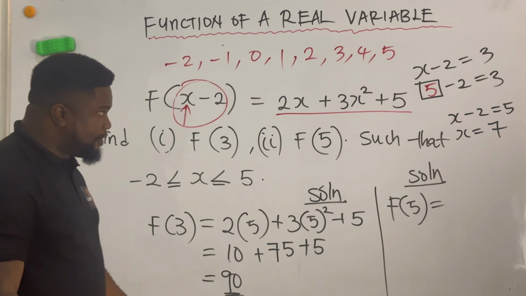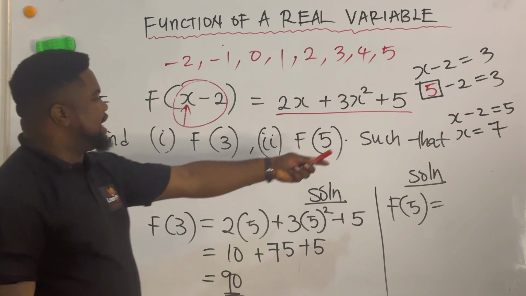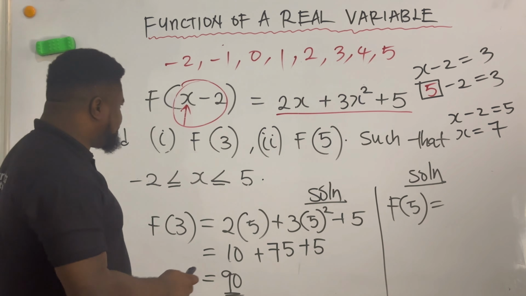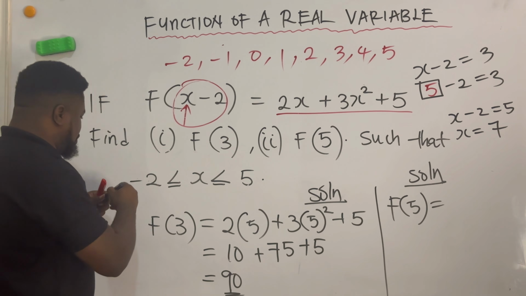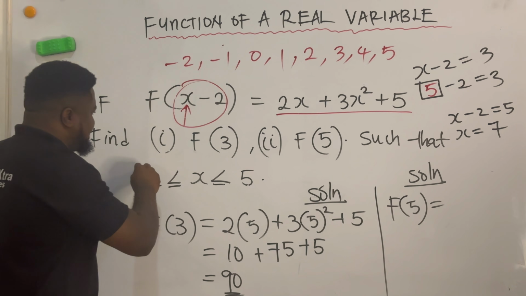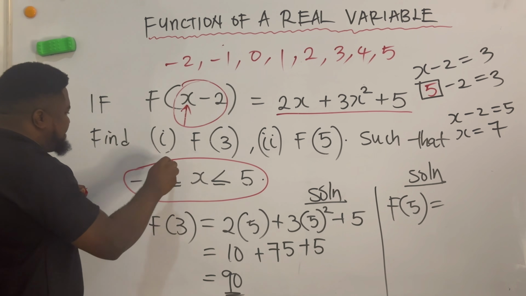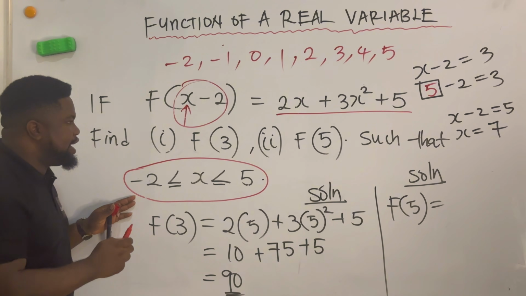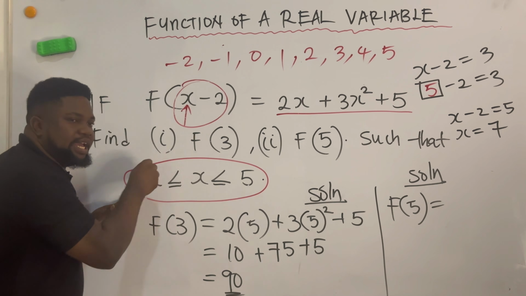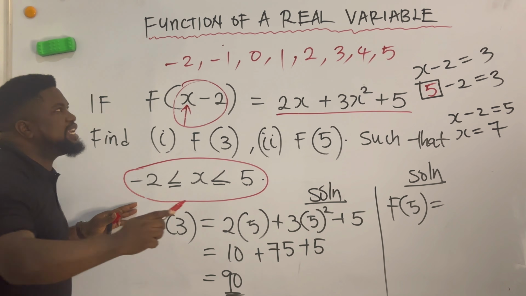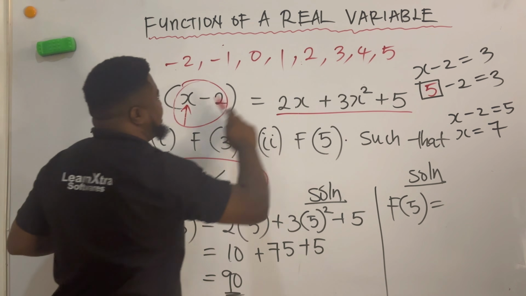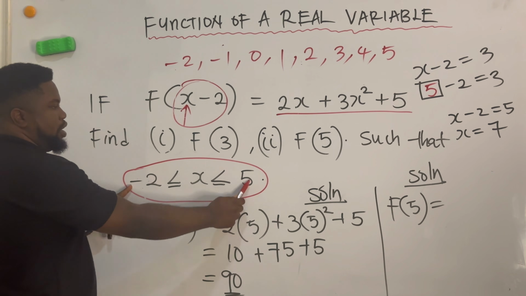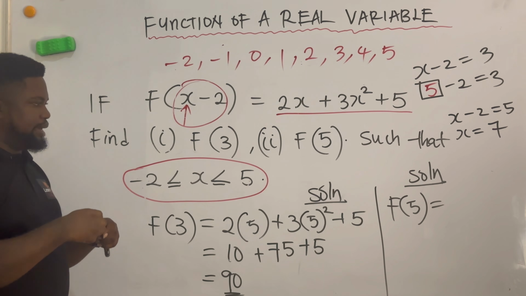So now, to find f of 5, we'll go ahead and use x as 7. But before we use 7, what happens? We check the condition given to us. Numbers in between minus 2 to 5. Ask yourself, can we find 7 inside here? No. 7 can't be there. Numbers between minus 2 and 5 with the endpoints included, 7 is not there.